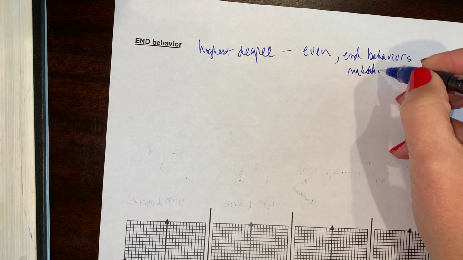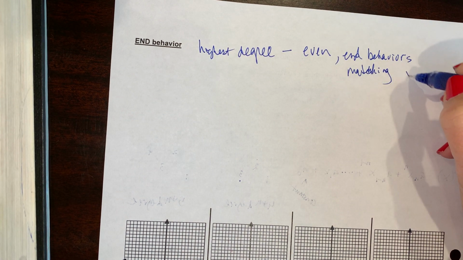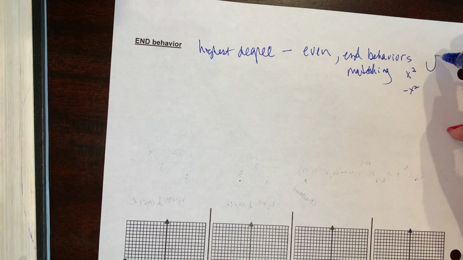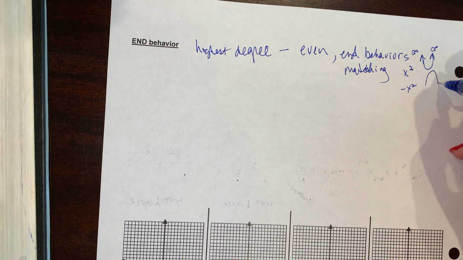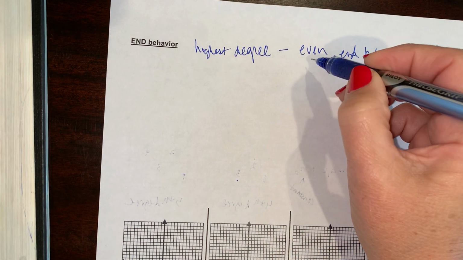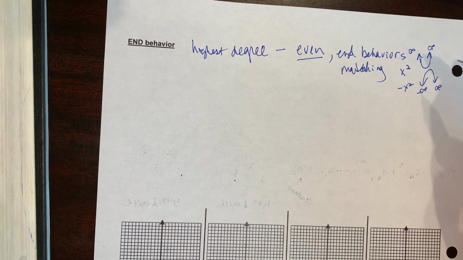For instance, when it was x squared, both ends were going to positive infinity. When it was negative x squared, both ends were going to negative infinity. That's when it's an even number, so any even number as a power: 2, 4, 6, 8.